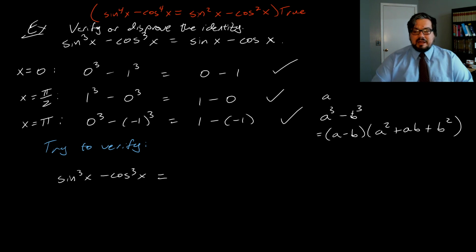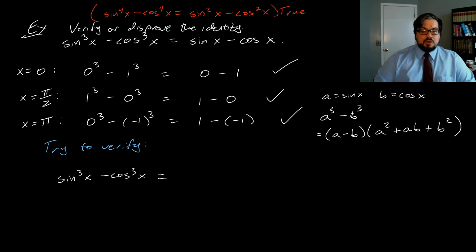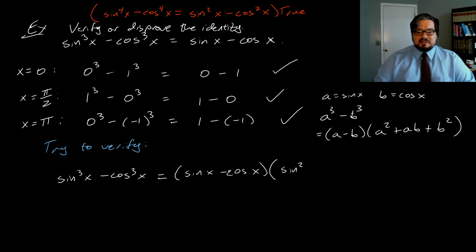So in our case, a is going to equal sine x, b is cosine x. So using that identity, we get that sine cubed minus cosine cubed is equal to sine x minus cosine x times sine squared x plus sine x cosine x plus cosine squared x.